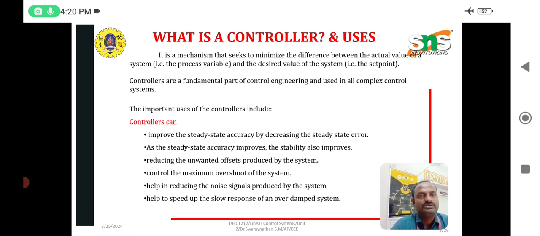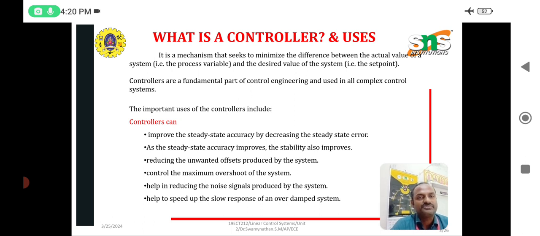So here, what is a controller? What are the types of controllers we are using? Controller means it is a mechanism to minimize the difference between the actual value of a system and the desired value of the system for a particular set point. The controllers are a fundamental part of control engineering and are used for complex control systems.